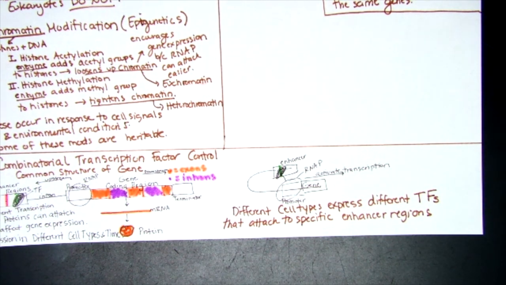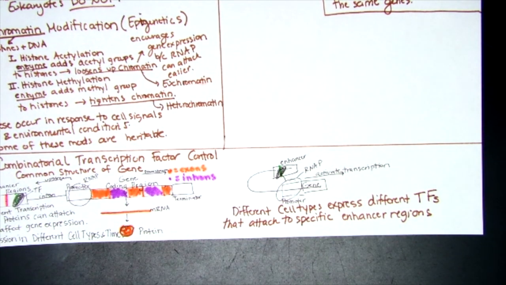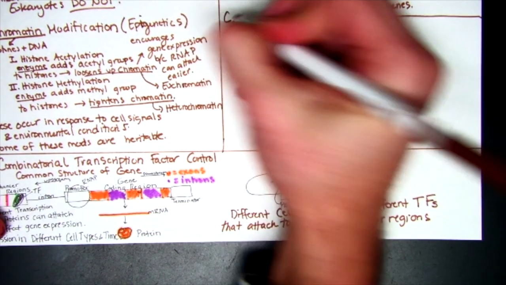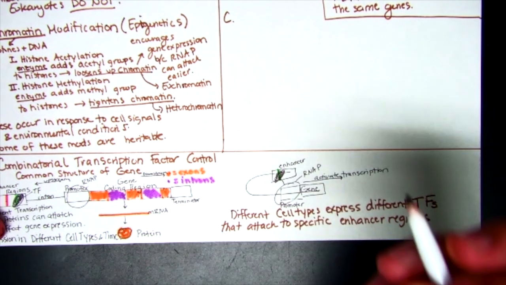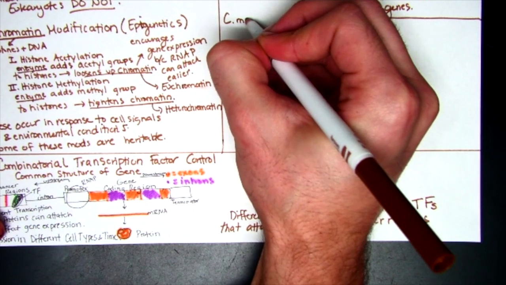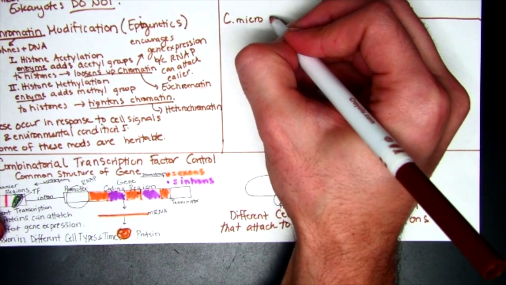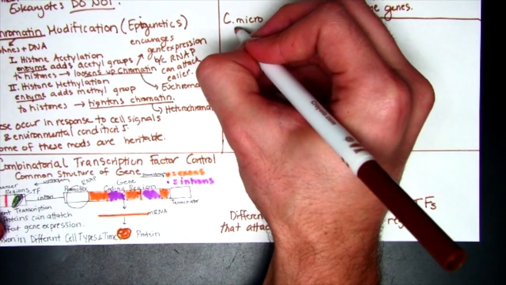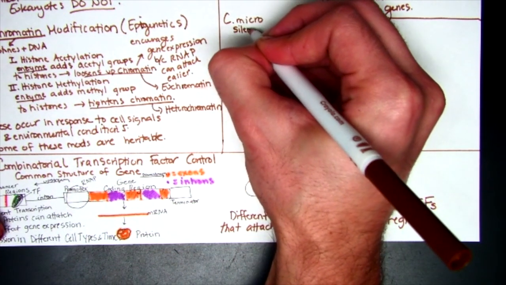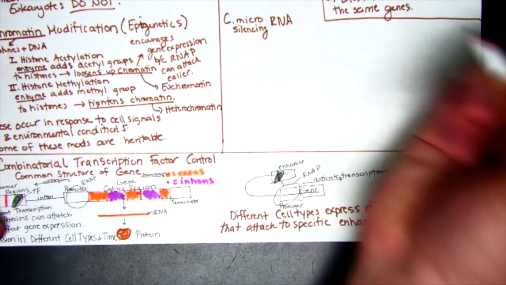Okay. There's one more. The last one here is called micro or silencing RNA.